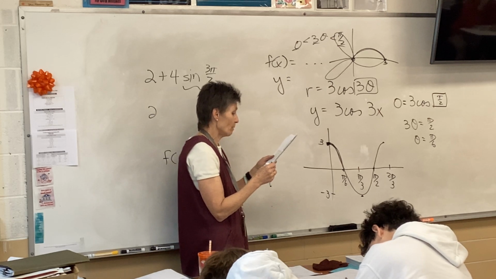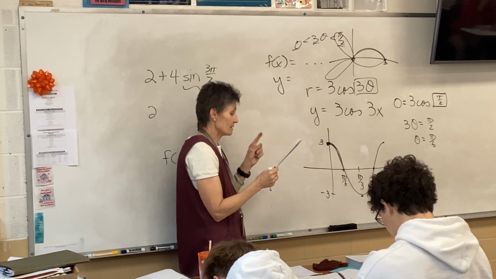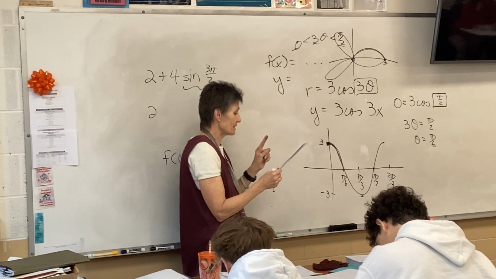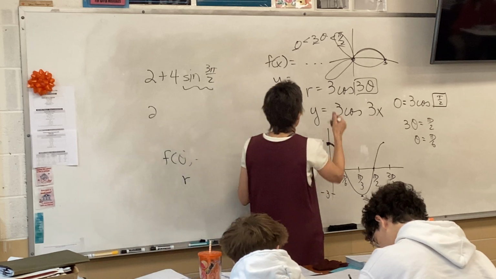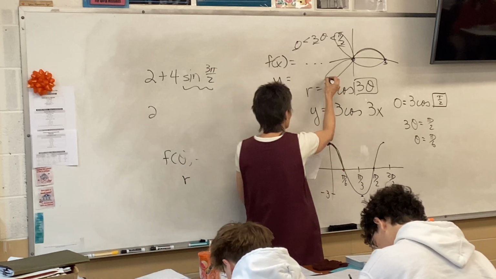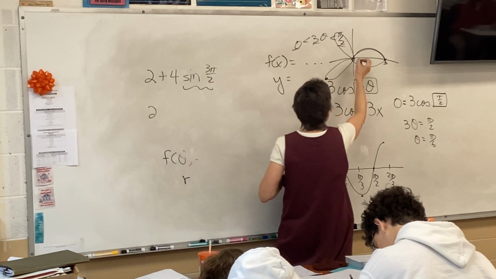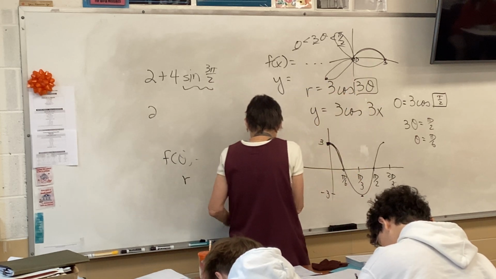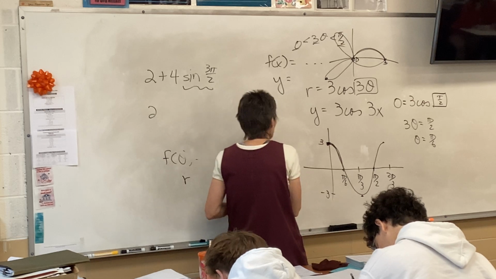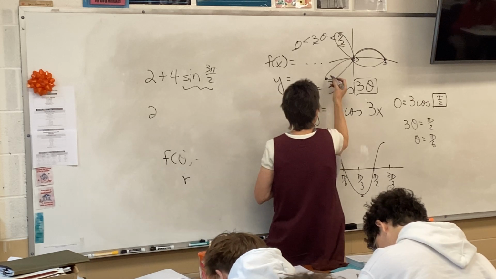Pi over 3 to 2 pi over 3. There are two pieces. One of those pieces is the portion in quadrant 3 from C to D. Okay, so one piece that we're looking at is this piece right here.